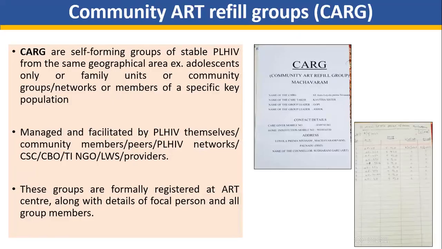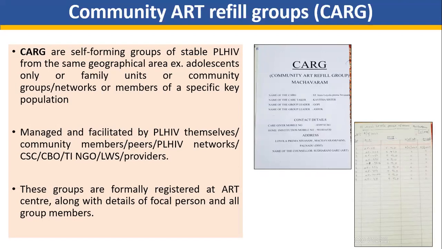So this is an example. Now I'll be telling you about the example of community ART groups. These are actually the community ART refill groups. These are self-forming groups of stable PLHIVs from the same geographical area, maybe adolescents only, or family units, or a community group or network, or members of a specific key population.